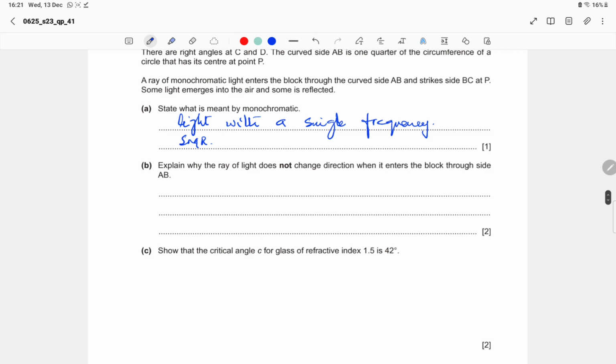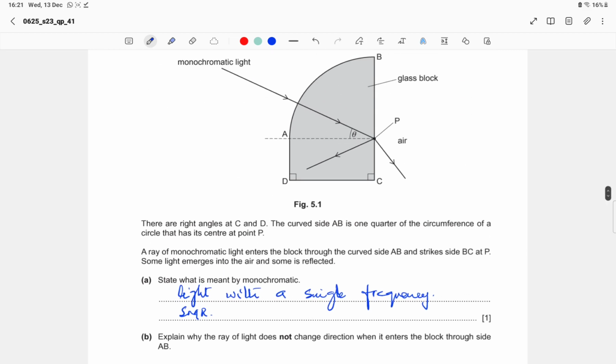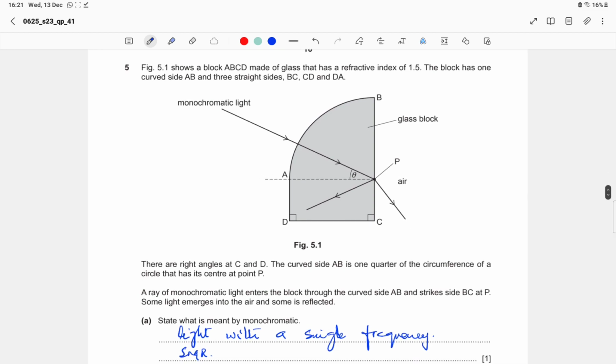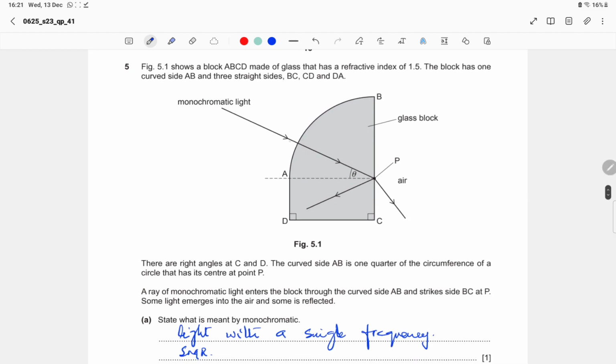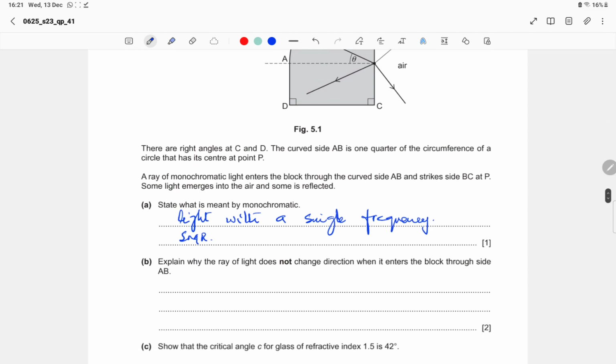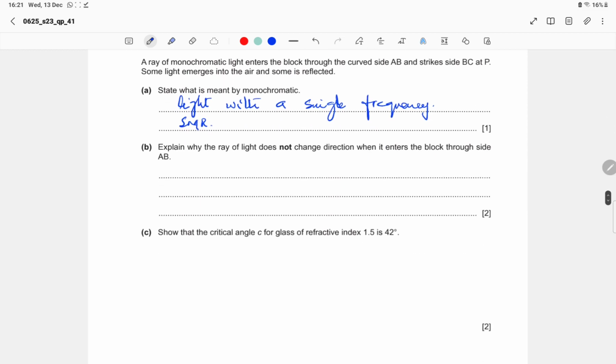Explain why the ray of light does not change direction when it enters the block through the side AB. So when it enters from the side AB, the light is not refracting. Why is he asking this? It's because the angle of incidence equals 0, or you can say the angle of reflection is 0.